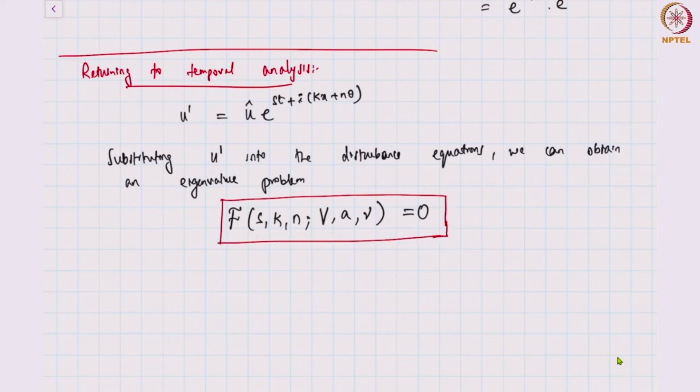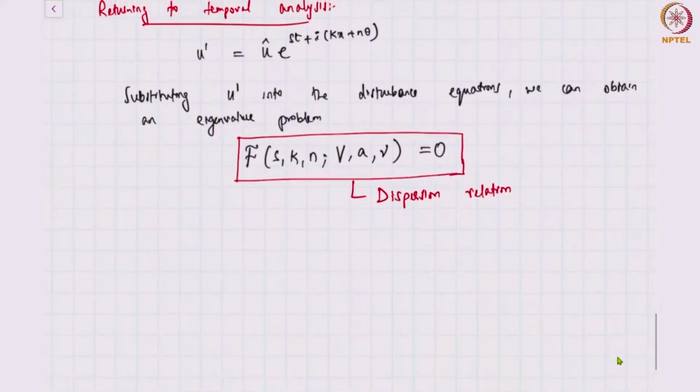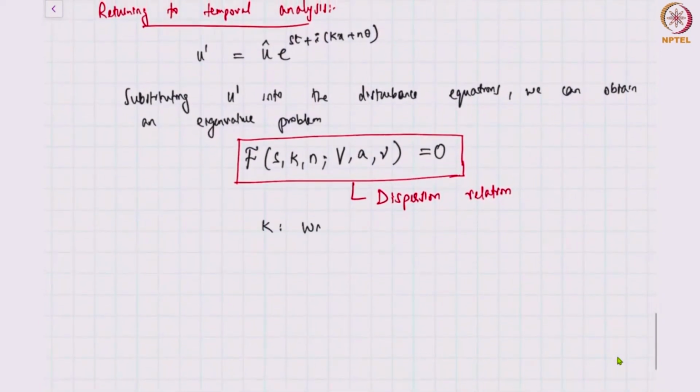Some of you may not be very familiar with how I achieve this. We will take an example problem. We'll do the analysis for the Rayleigh-Plateau instability, and hopefully it will become clear. So this is called the dispersion relation. It tells you how this complex growth rate or complex frequency S depends on the wave number k.